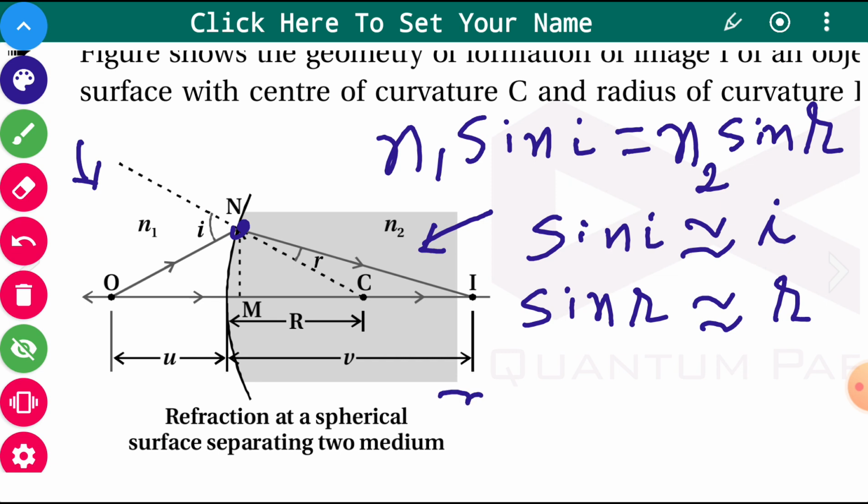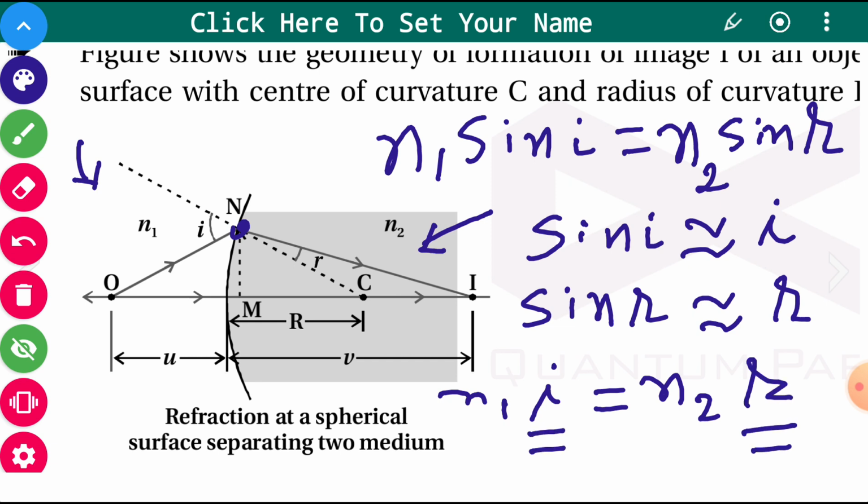So we can write n1 i is equal to n2 r, and instead of i and r we put those two values which we have already obtained for angle of incidence i and angle of refraction r.